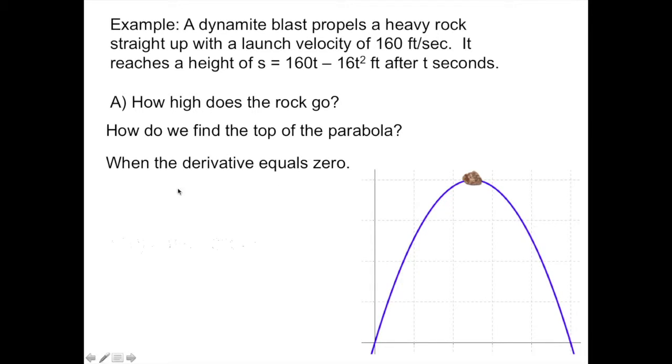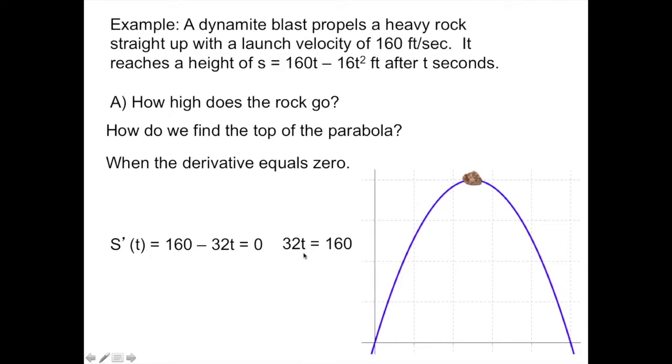So we take the derivative of the position here. For 160t, the derivative is 160, minus 16t squared, bring down the 2, we get minus 32t to the first power. So we set that equal to 0, because that's the location we know has a horizontal tangent. In other words, a tangent with 0 slope.